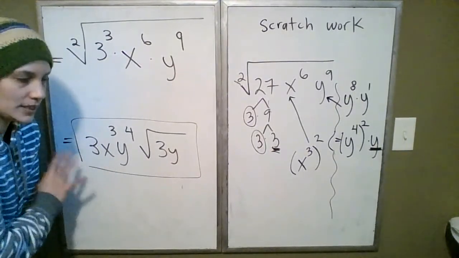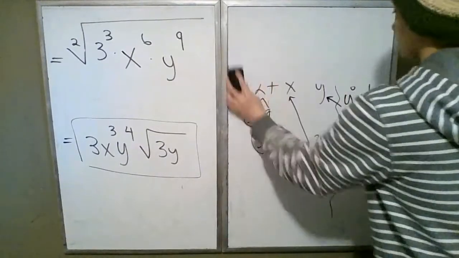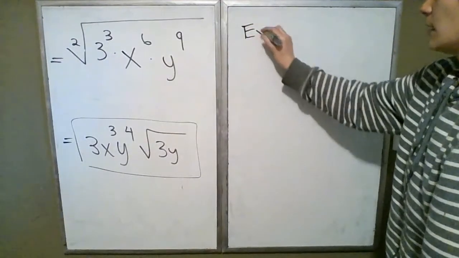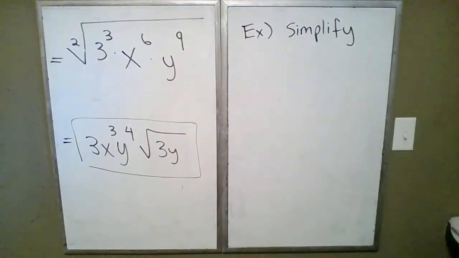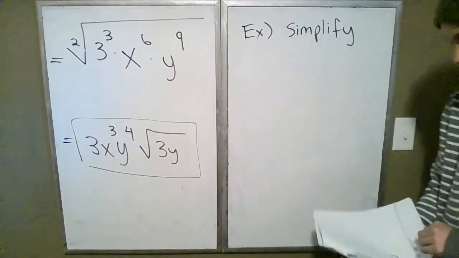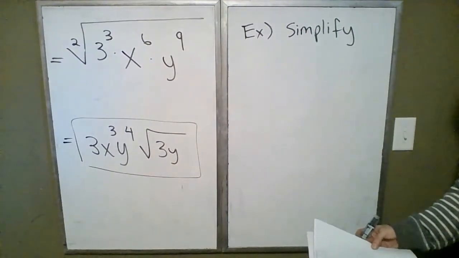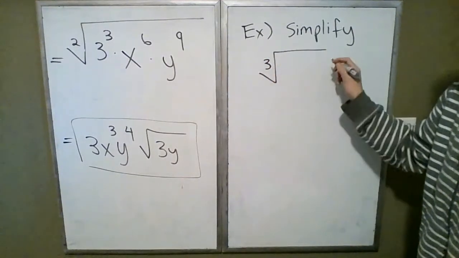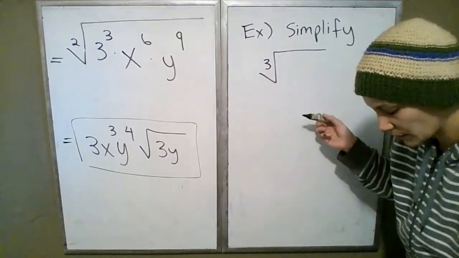We're going to go through this again with a different problem. Okay, this is sort of an easier one, and we'll go back to having more values under the radical.